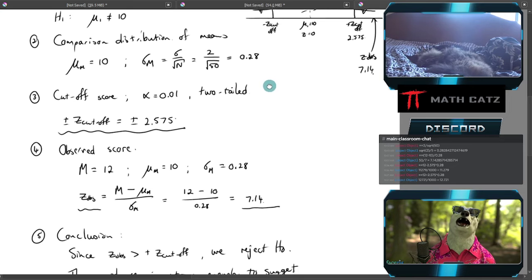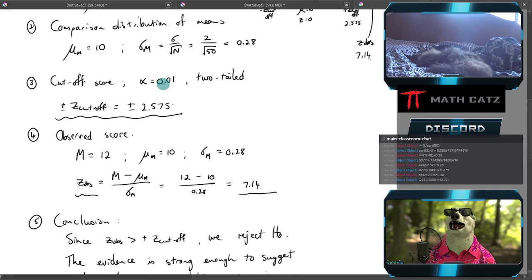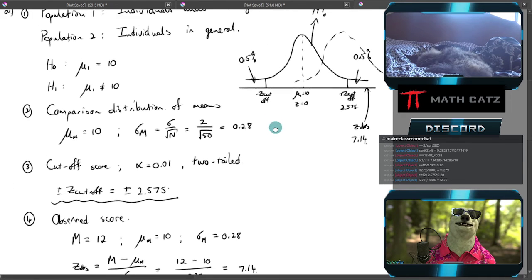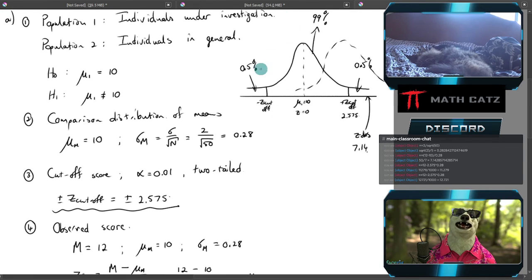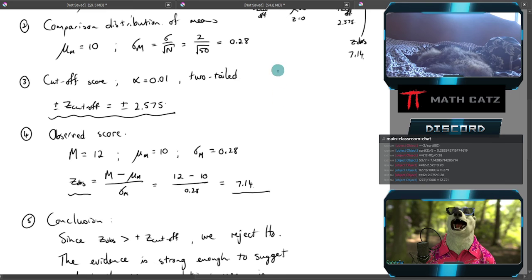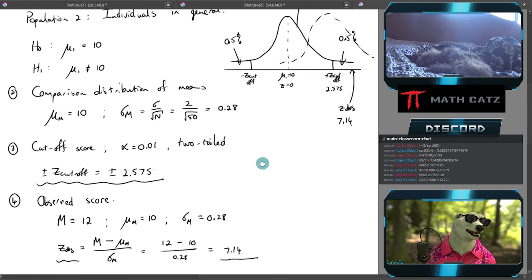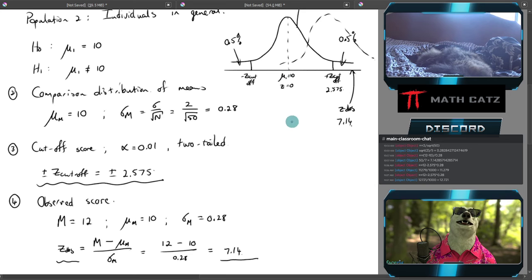Then we look at where our observed... oh sorry, no, that's 4. Number 3 is we then decide on our confidence level and the cutoff appropriately, two-tailed in this case. We then see where our observed score, our observed sample mean, puts us by standardizing that to an observed z-score, and then comparing that to the cutoff z-scores.